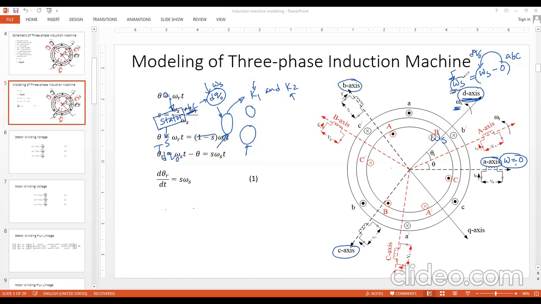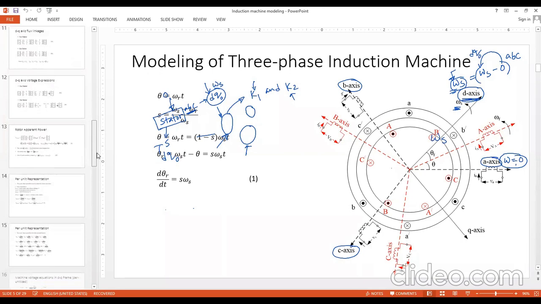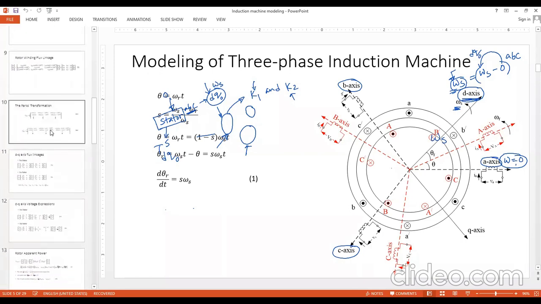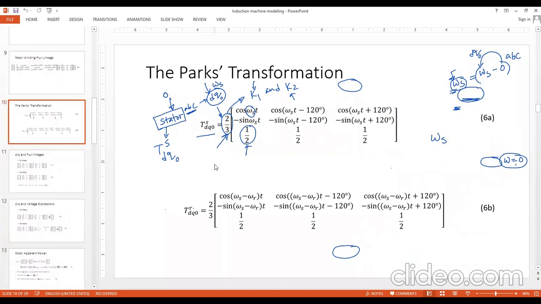That omega s is what comes in the matrix representation of the Parks transformation T dq0s. Everywhere you will see omega s. If there is any speed, that would be omega s, nothing else.